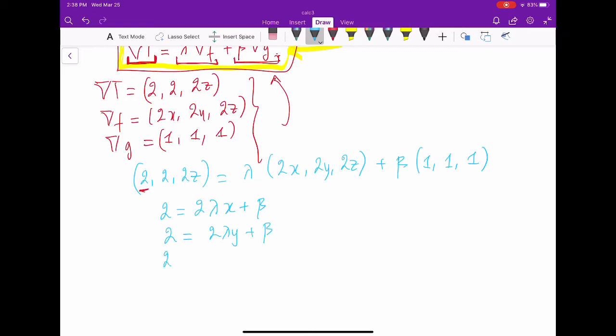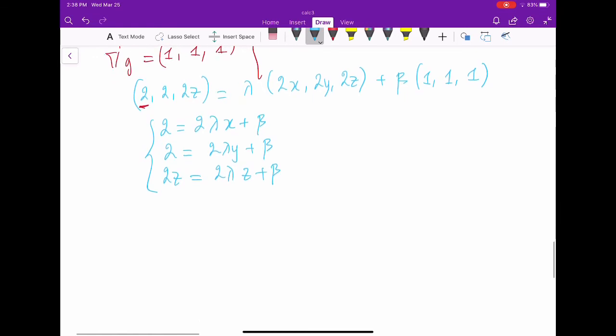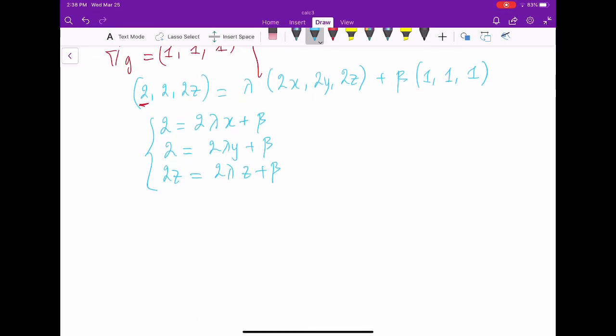For the last one, you get 2z equal to 2 lambda z plus beta. So basically, you have three equations, right? Together with two constraints: x squared plus y squared plus z squared equal to 11, and then x plus y plus z equal to 3.